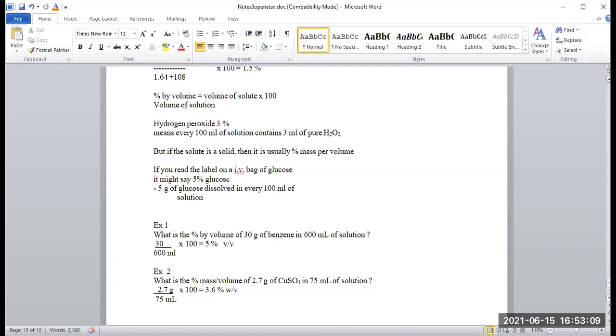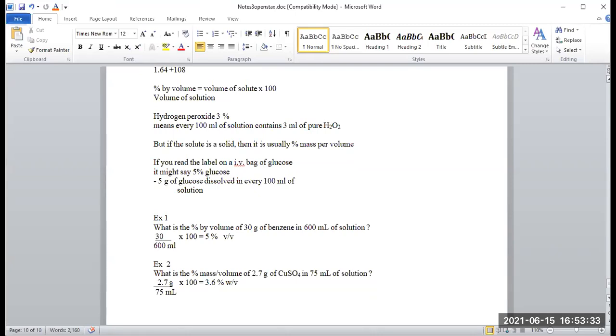Or in the medical world, they're often as likely to call it dextrose as they are glucose. There is actually not a difference. Dextrose and glucose are the same thing. The difference is sort of medical community versus scientific community, using slightly different terminology.